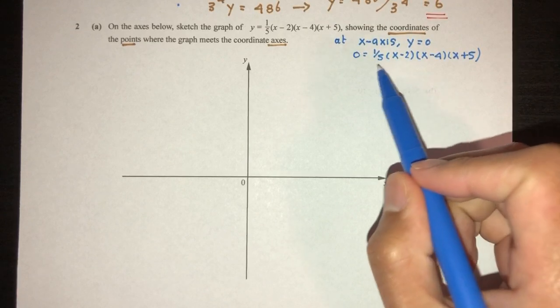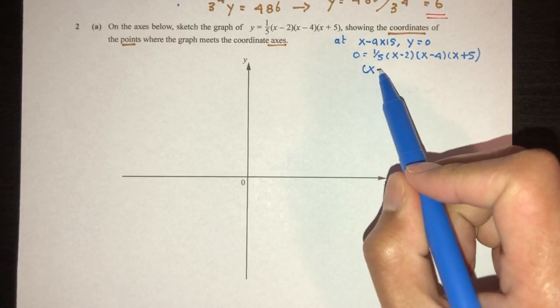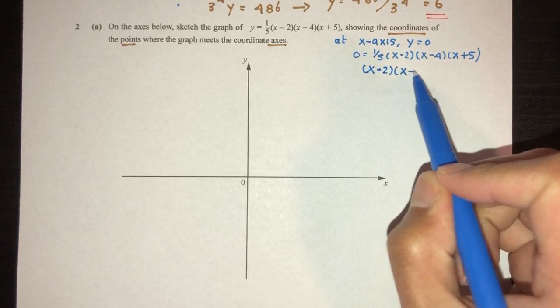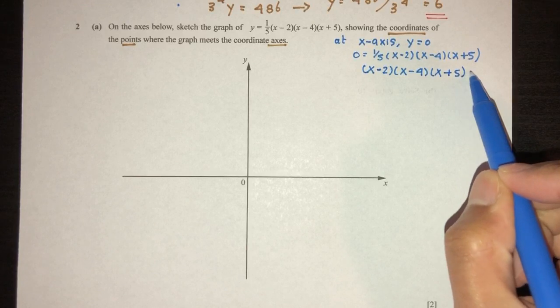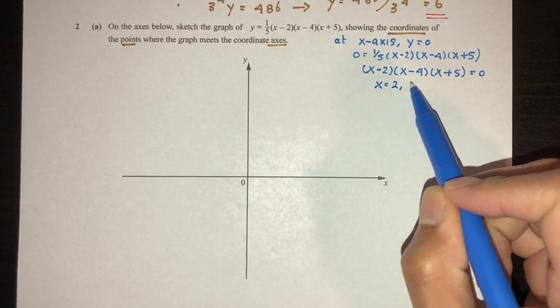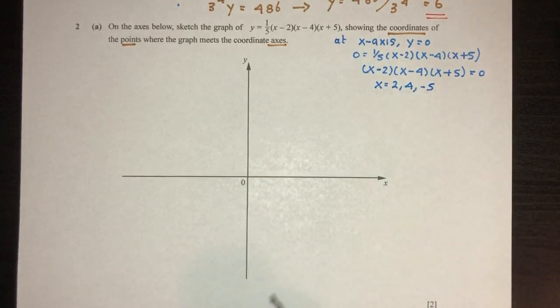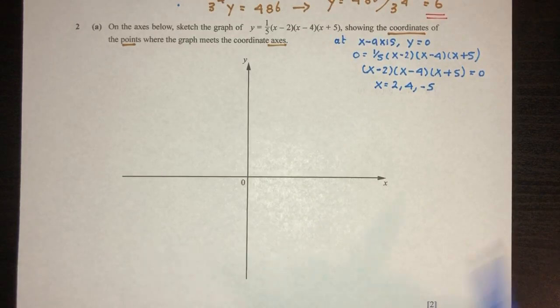We can just multiply by 5 everywhere. You will get the same thing, right? So this will go away, but you will have the same thing on the inside. Basically, the values for x did not change. Now we can find the values. X will be 2, 4, and minus 5. Okay, so we have 3 points on the x-axis.